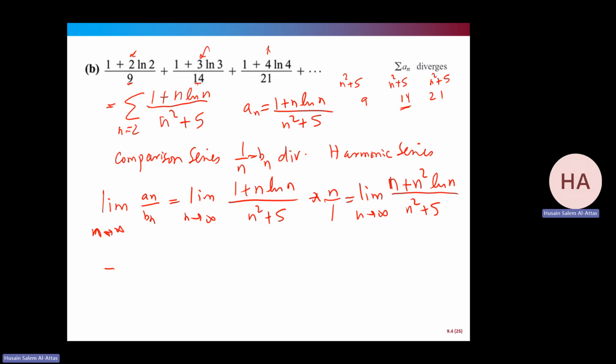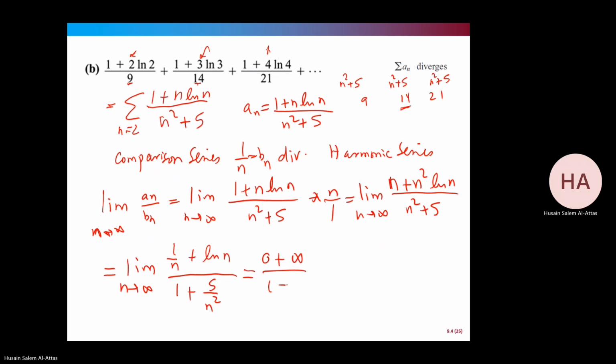Let me divide everything by n squared, numerator and denominator. I get 1 over n plus ln n over 1 plus 5 over n squared.